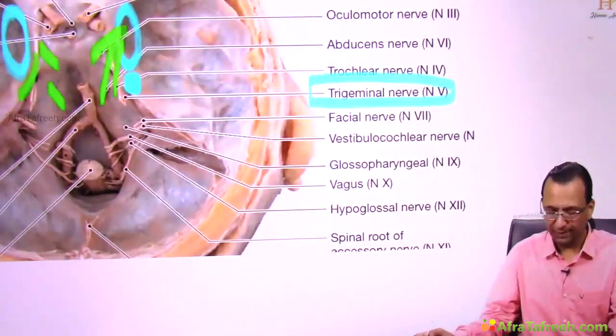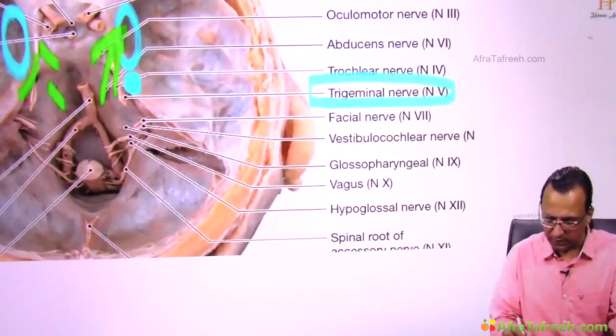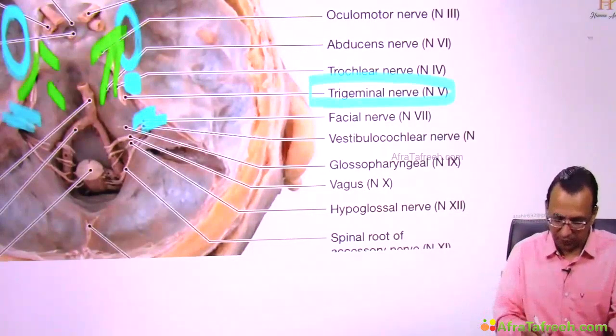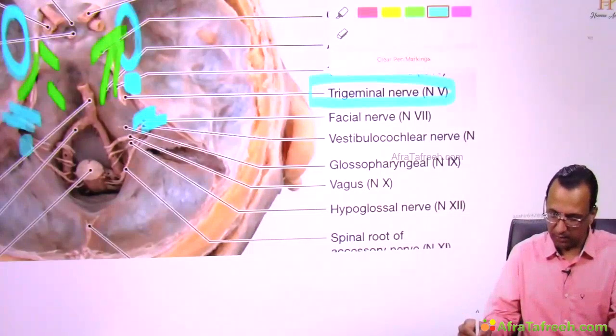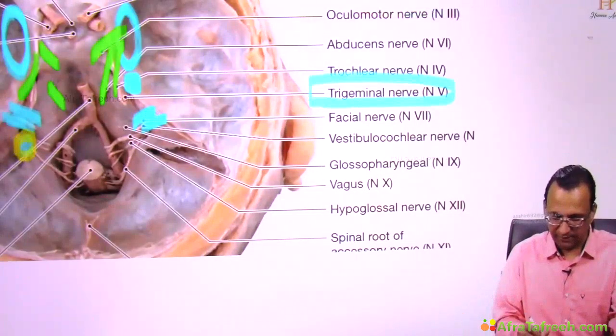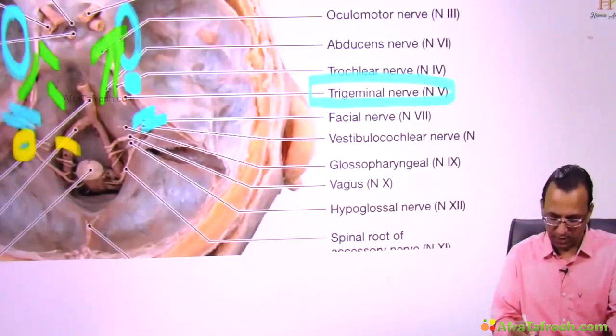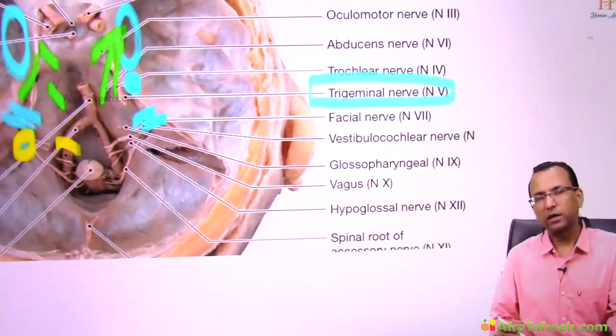Can you tell me what is this nerve going into the internal auditory meatus? 7 and 8. Which nerves are in the jugular foramen? The number 9, 10, 11. Then where is the 12th nerve? Here, this is the hypoglossal canal. What is there in the foramen magnum?